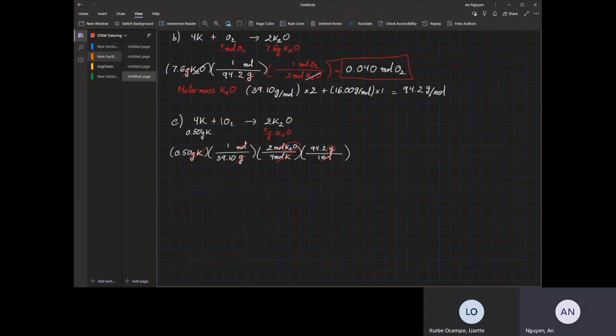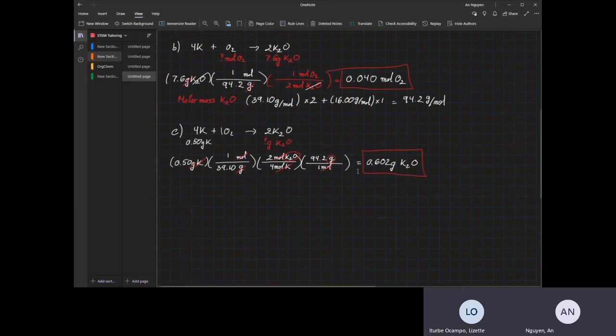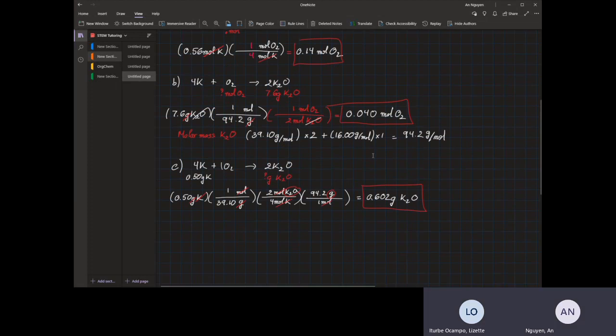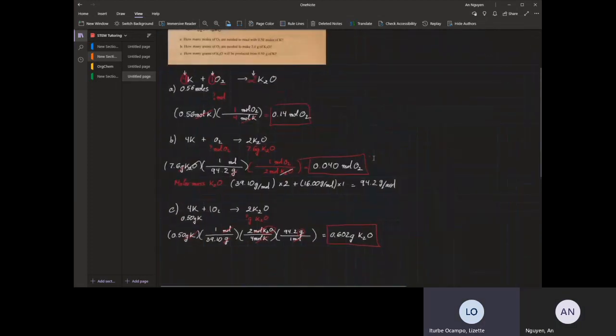So 0.5 divided by 39.1 multiplied by 2 divided by 4 multiplied by 94.2, and that will give us 0.602 gram of K2O. Yeah, okay, that makes sense.